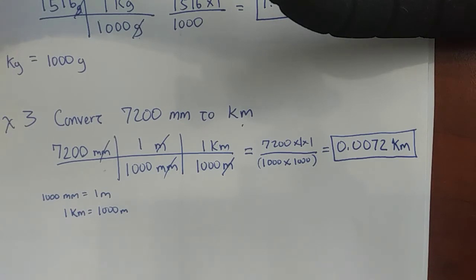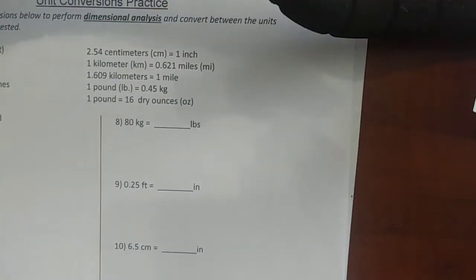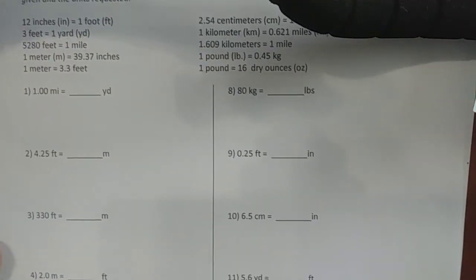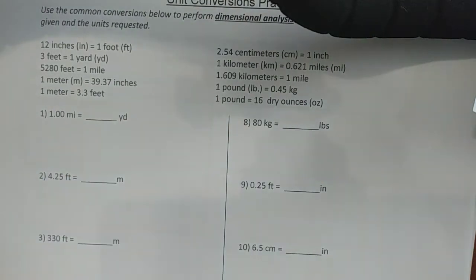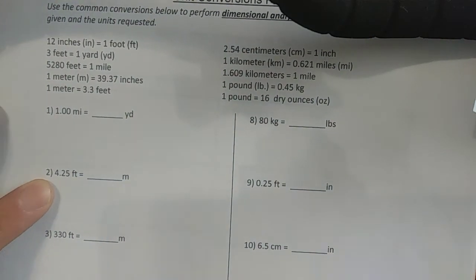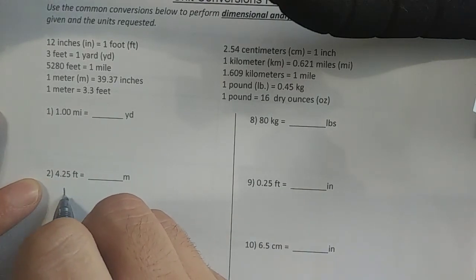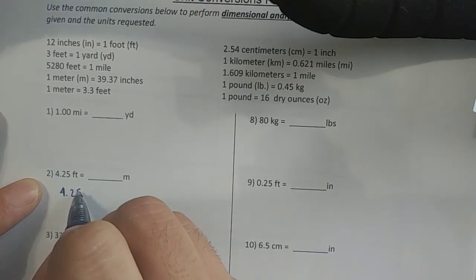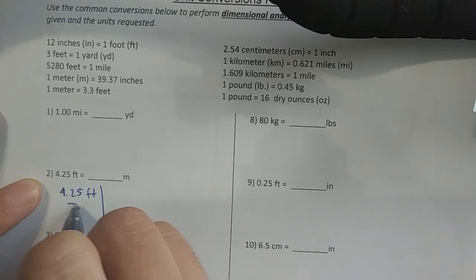All right, so now you guys can do some more practice. I want to do a few more. This sheet has a lot of conversion factors up here. Let's look at feet to meters. So 4.25, same process. You start with what's given, and we want to get to meters.